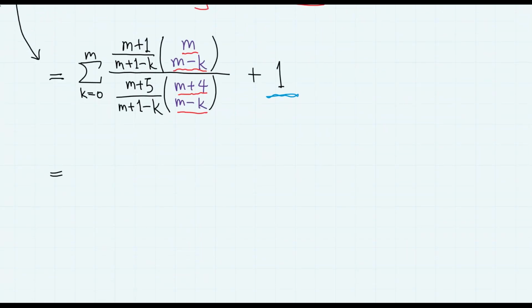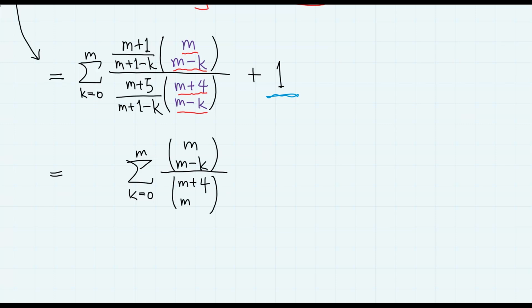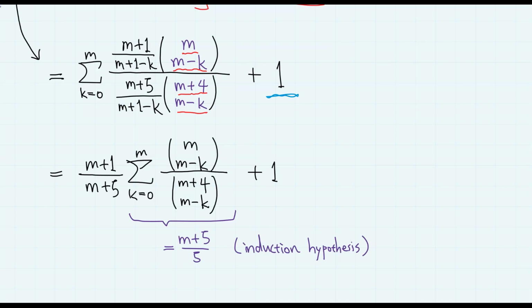This can be written as the summation of m choose m minus k divided by m plus 4 choose m minus k multiplied by m plus 1 divided by m plus 5. Plus 1. And this part right here equals m plus 5 over 5 by our induction hypothesis.